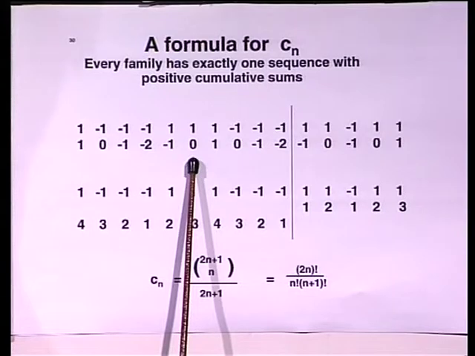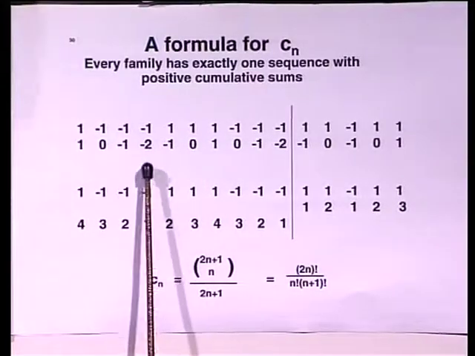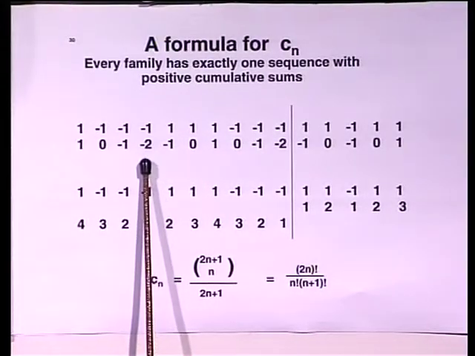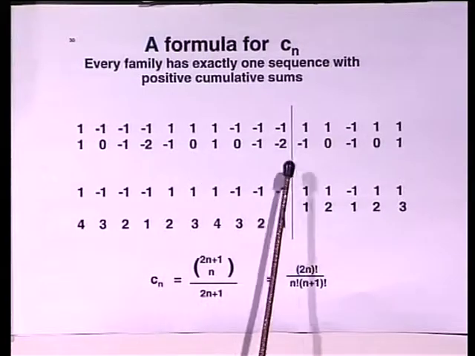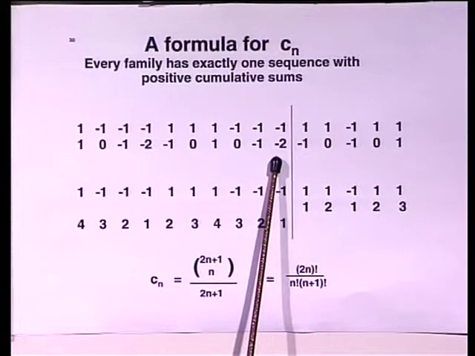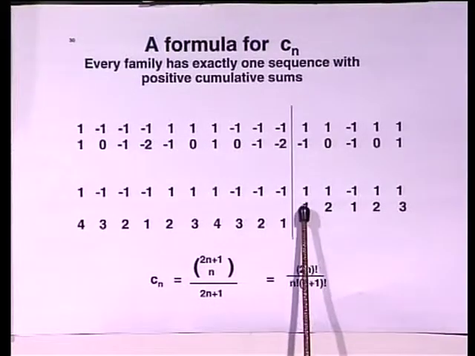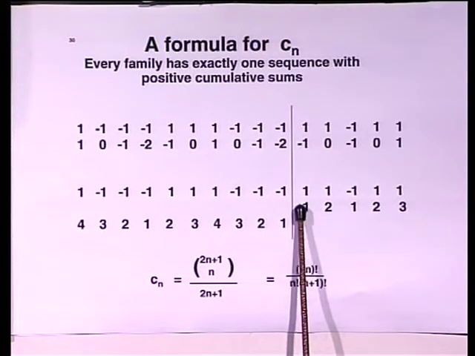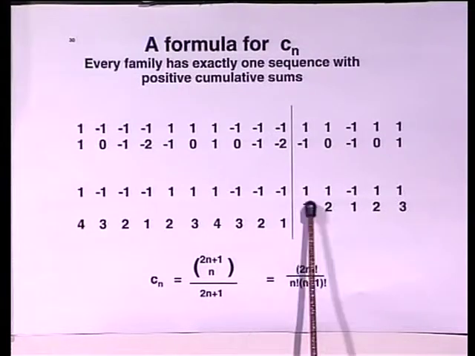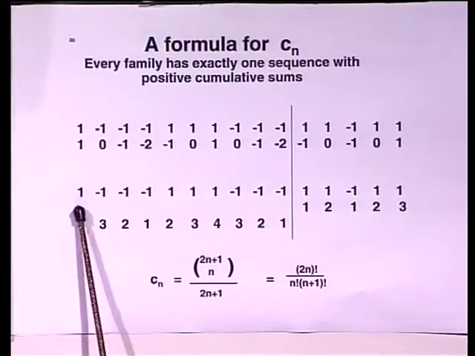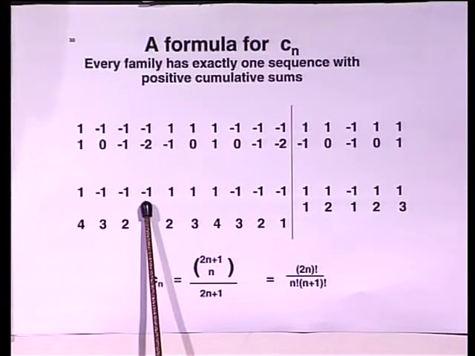However, if we look at the place where the smallest, most negative number occurs, that's minus 2, both here and here, and we start reading this sequence from just beyond that place, so start reading from here, we shall go 1, 1, minus 1, 1, 1, 1, minus 1, minus 1, minus 1, and so on.